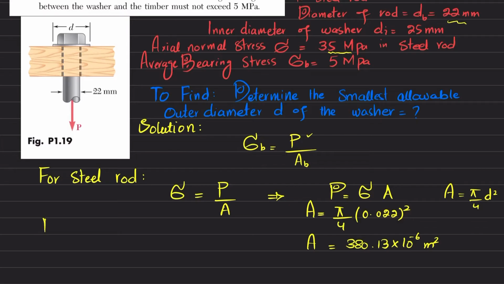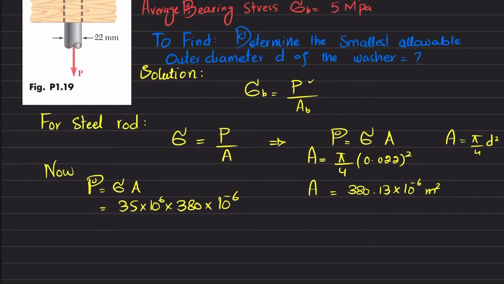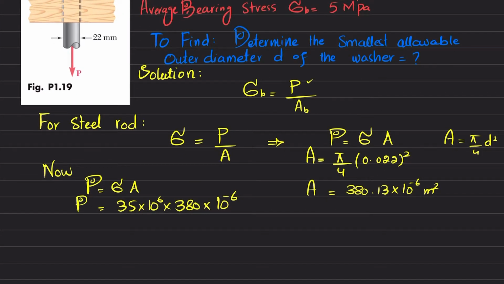Now P will be equal to stress into area: 35 into 10 raised to power 6 multiplied by 380 into 10 raised to power minus 6. When you multiply it, you get the load P equal to 13.305 into 10 raised to power 3 Newton, or 13.31 kilo Newton.